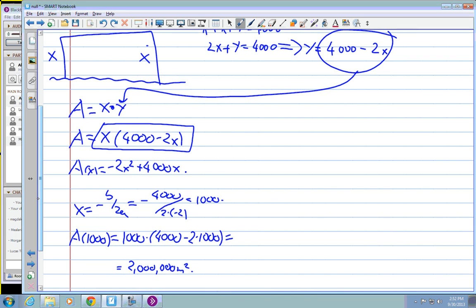You can compute that any way you like. You can plug it in here or in there. This is 2,000, this little parenthesis: 4,000 minus 2,000. So it's 2,000 times 1,000. That's 2 million.